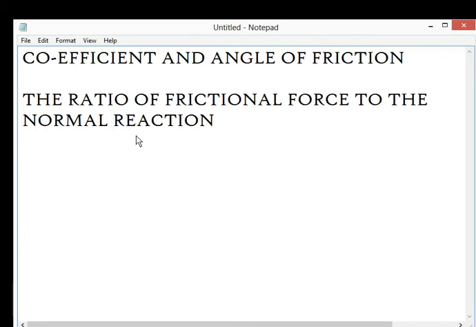Now there's a law of friction. The magnitude of friction between any two bodies in contact is directly proportional to the normal reaction between them. So as you can see, F should be directly proportional. Here the law is saying that F, the force of friction, will always be proportional to the normal reaction. The magnitude of limiting friction between any two bodies in contact is directly proportional to the normal reaction between them.